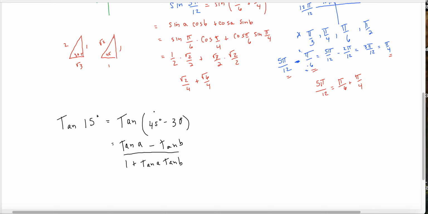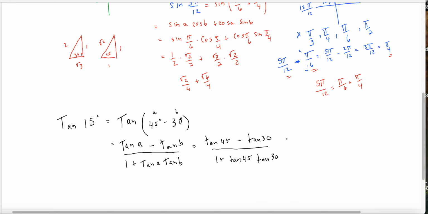Okay, so again, this is our A, this is our B. Let's plug in. So this is tan of 45 minus tangent of 30. And then this gets divided by 1 plus the product of tangent 45, tangent 30.